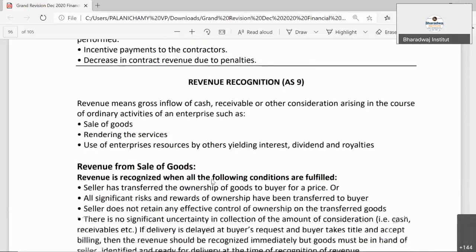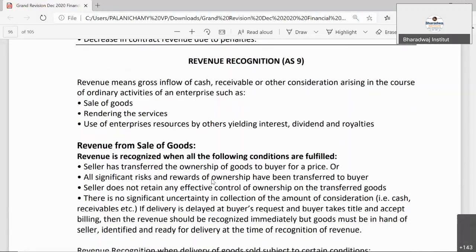Next comes revenue recognition. Revenue recognition means when I sell goods or render services, or when I use other persons' resources, which can be money or patent right, copyright, all those things. When to recognize revenue?